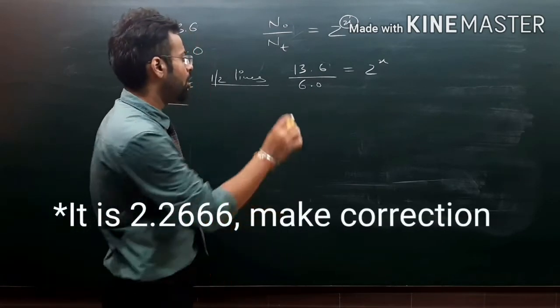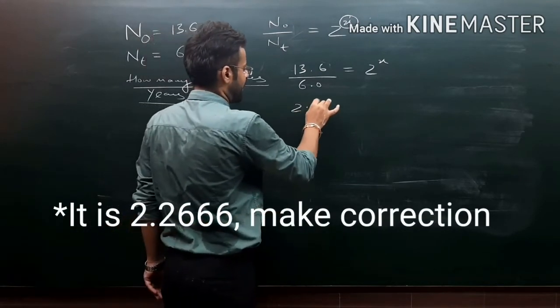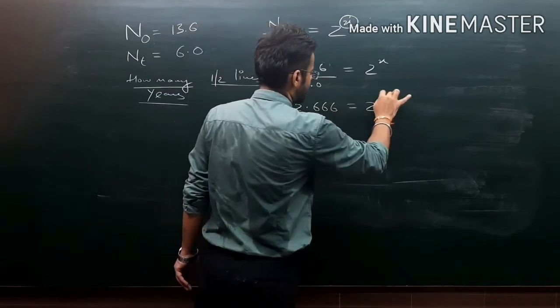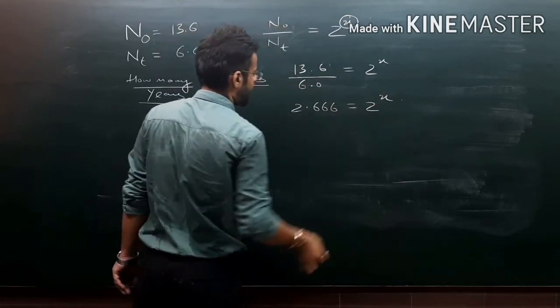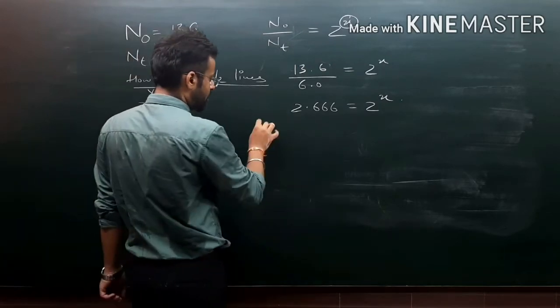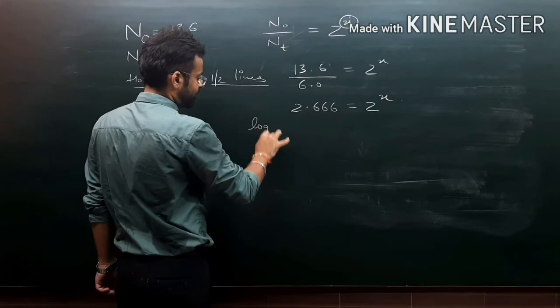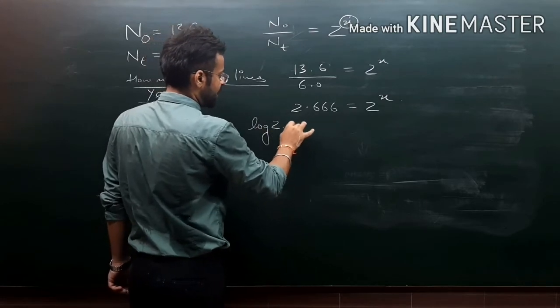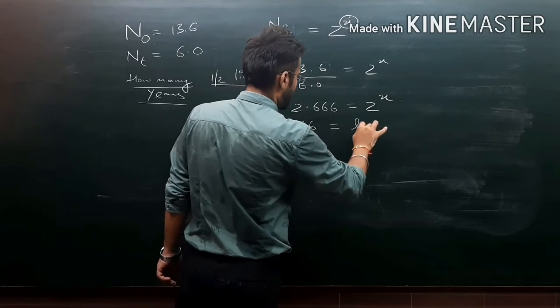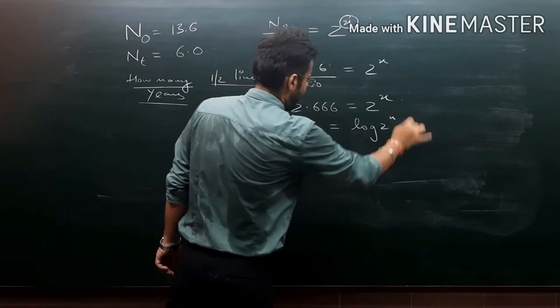So we take it as almost 2.266, and this is equal to 2 to the power x. So what is this x? Pretty simple. To calculate it, we take log. So we say log of 2.266 is equal to log of 2 to the power x.